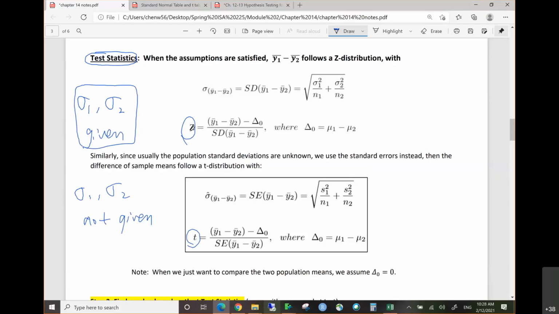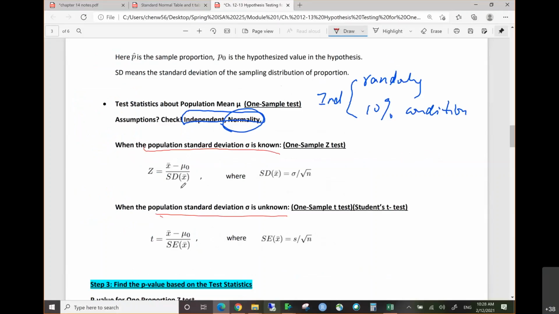All right, so now let's look at this z-test statistics. When we have the one sample test, we have x bar minus mu 0 over sigma over square root of n. We call the bottom here the standard deviation of the sample mean.